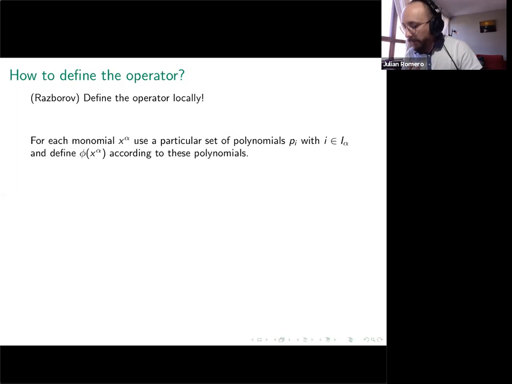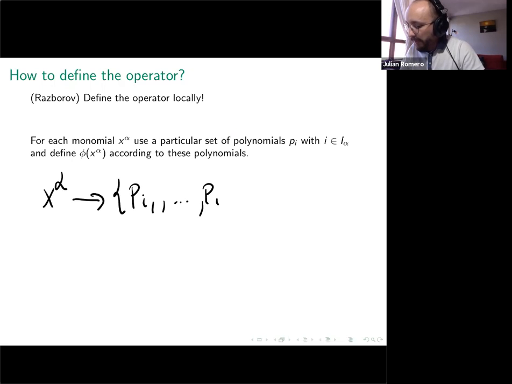And then the way I'm going to do it is that you're going to give me a monomial alpha. And then I'm going to select a subset of the polynomials pi that are related to that guy. So I'm going to choose, let's say, P_i1 up to P_iN, something like that. I'm going to choose a subset of those polynomials, and then I'm going to define phi of alpha using these polynomials over here.